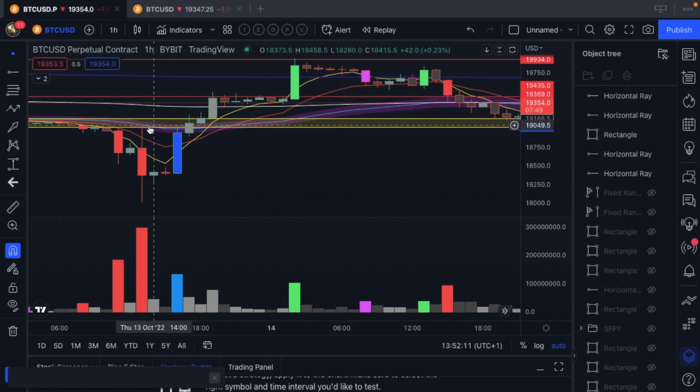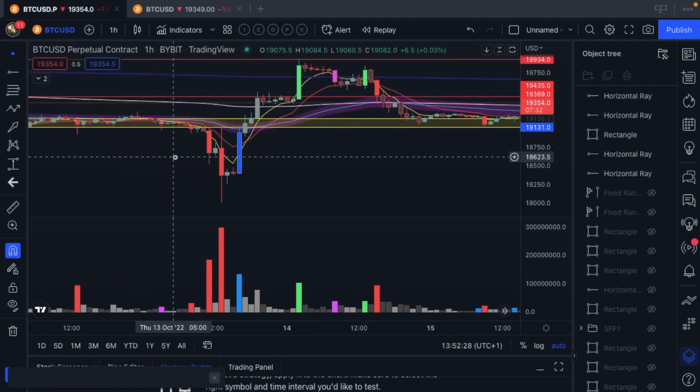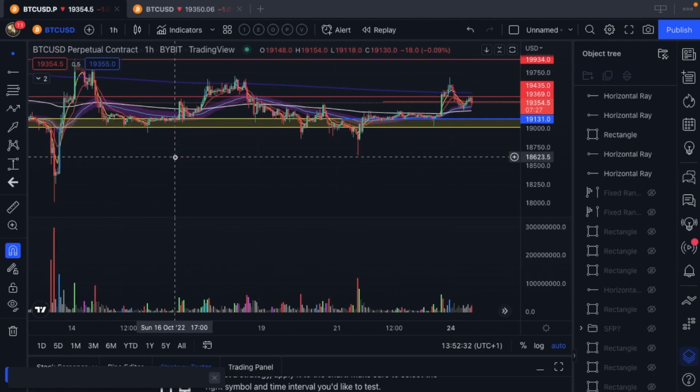And then we had a big wick up, so you know that the market maker is not wanting to let price go up or down really here, but it's stopping. And why is it stopping? We're just going to sucker in a few more people to go short, and then once this blue vector candle comes in, that's a pretty good indication that they're going to go cash out on their shorts.